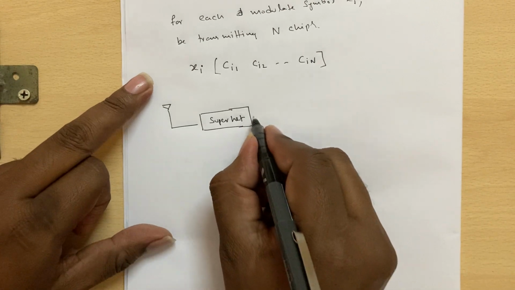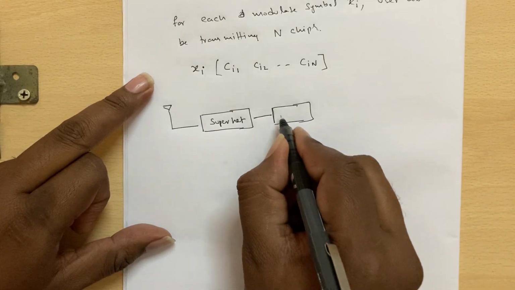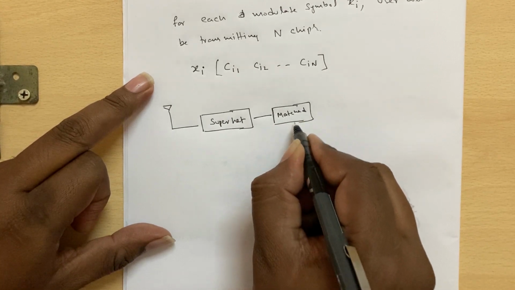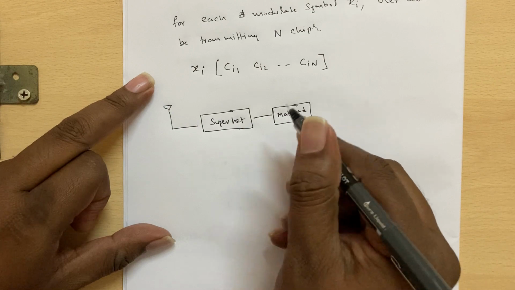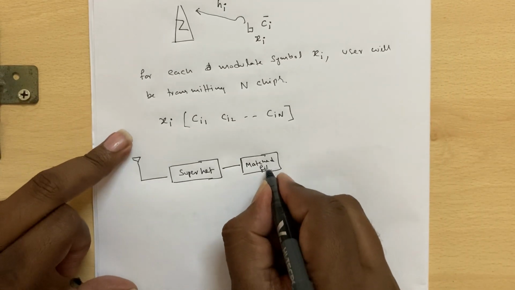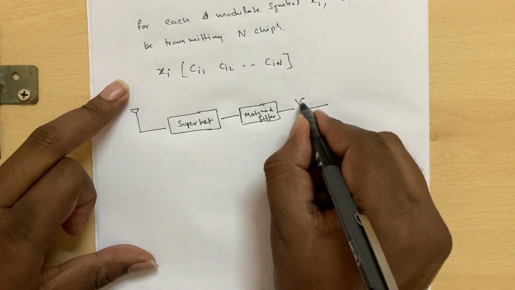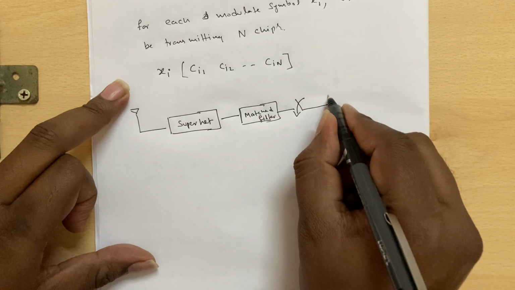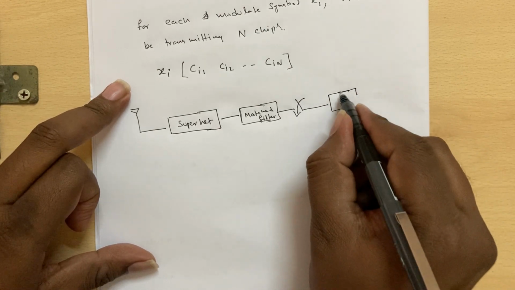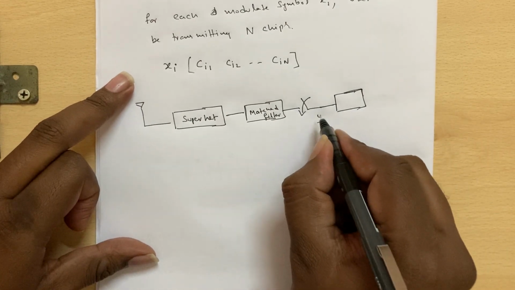Then there will be a matched filter, and the output of the matched filter will be sampled. We will not talk about it at this point.